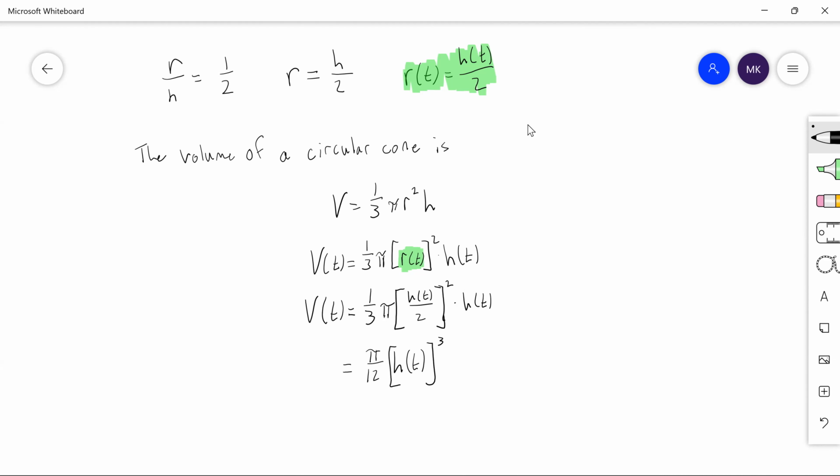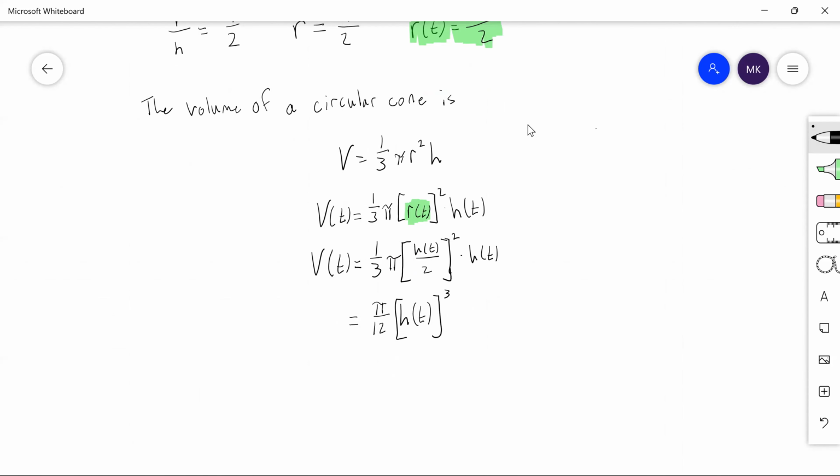It would be a lot more complex of a formula, because r would be equal to the square root of 3v over h. Oh, I see. Okay, thank you. And so, yeah, using the similar triangles is just a lot easier.